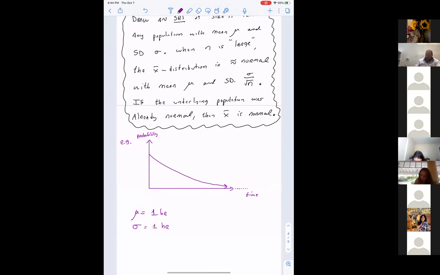And just so you know, it is a distinguishing feature of the exponential distribution that the mean and standard deviation happen to be equal. Usually this is not the case, but it happens to be the case for an exponential. The fact that they're equal is irrelevant for this problem. They just happen to be equal.